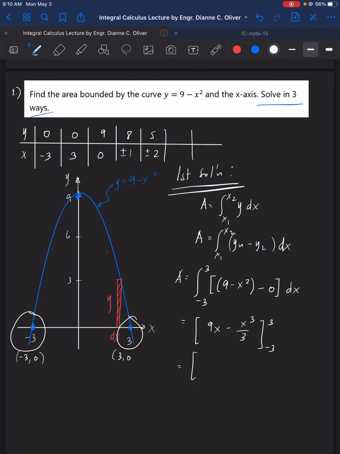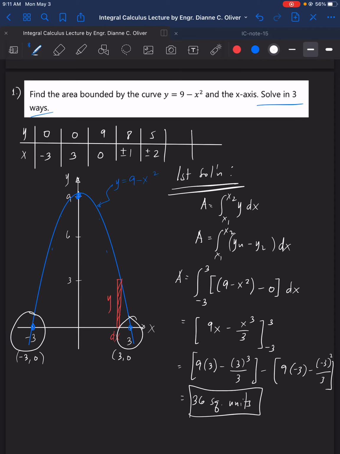So just substitute: 9 times 3 minus 3 raised to 3 divided by 3, minus 9 times negative 3 minus negative 3 raised to 3 over 3. So this is the long method. So this is 36 square units.